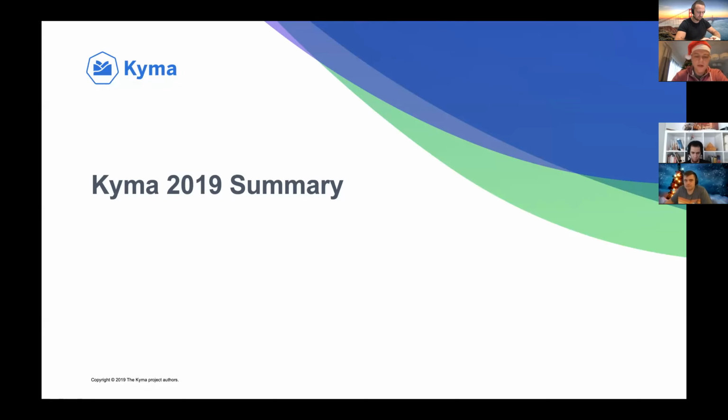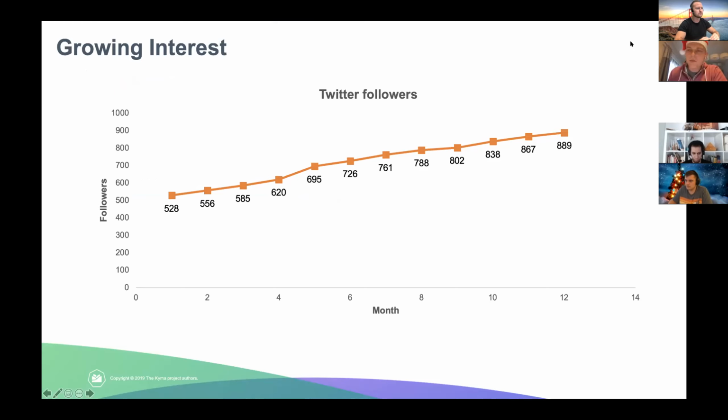So we have first some summary of the numbers of the adoption of Kyma and growing interest. So I guess that some numbers will be interesting for you. So the whole year the Twitter followers were growing, and the same went with the GitHub stars. The newest we have is 809, so it's slowly going up.